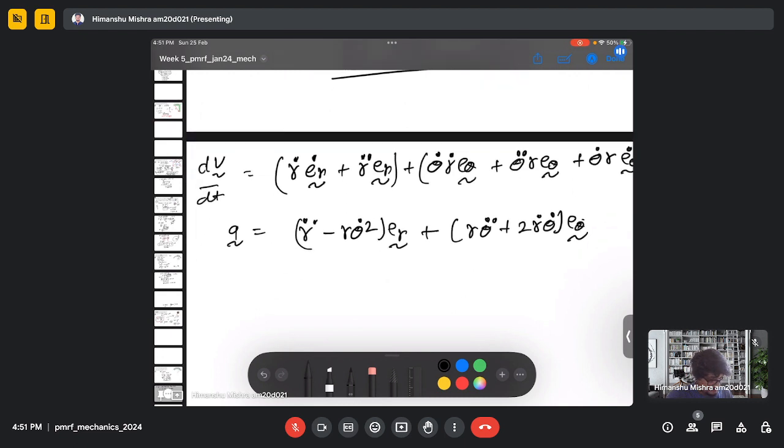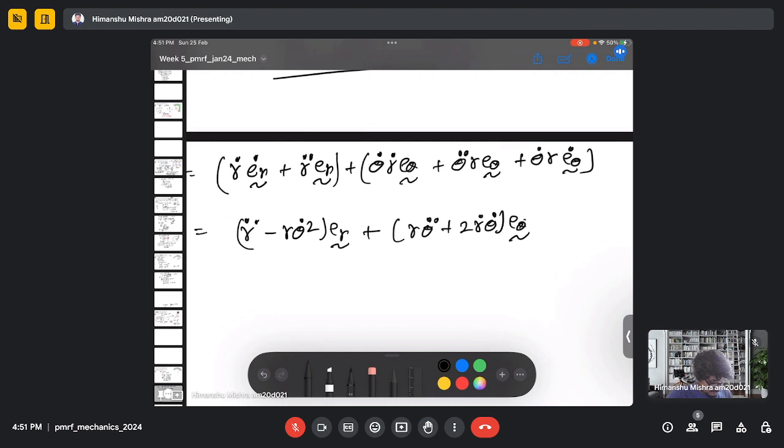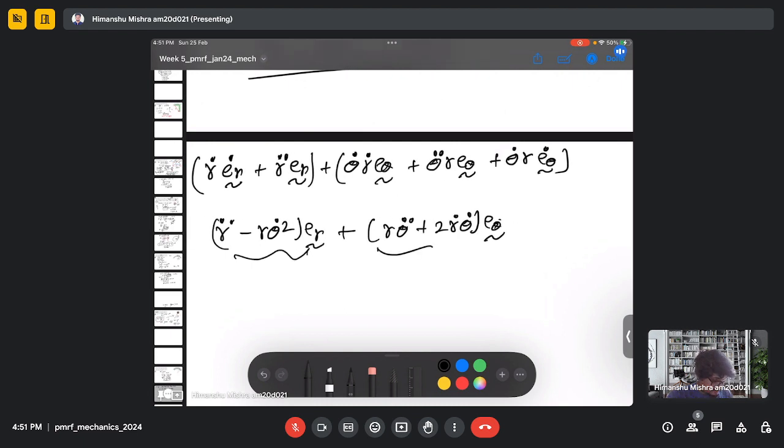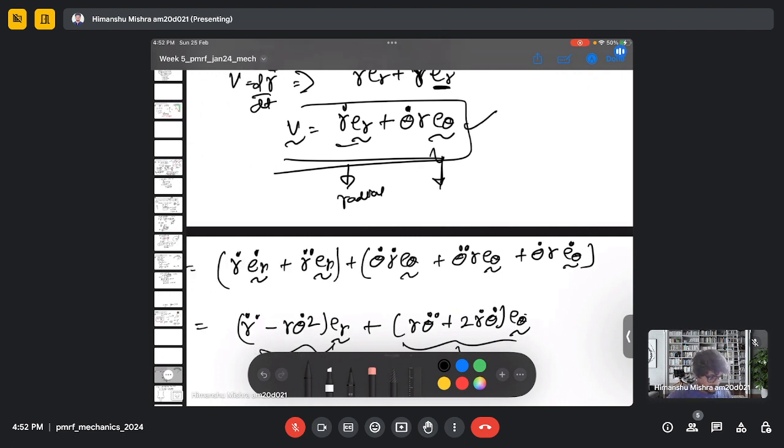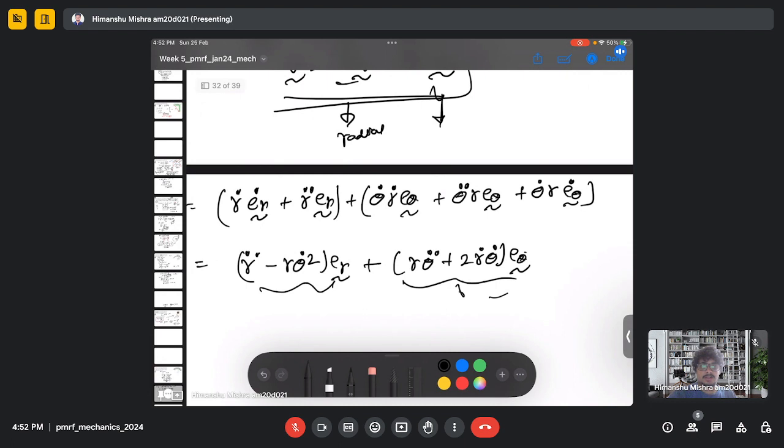So this will be your acceleration vector in polar coordinates. This is the radial component and this is the theta component of acceleration. Similarly, this is the radial component of velocity and this is the theta component. We will be using these relations to calculate the acceleration and velocity vectors.